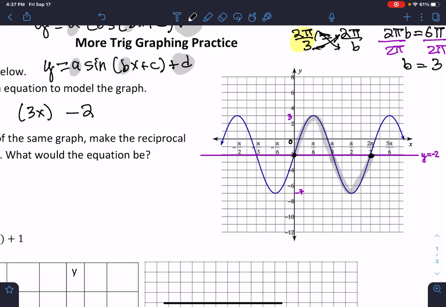So what I'm going to do now is pay attention to the points that I have. I have this point, this point, this point, and this point. When I'm looking at my y values, it's not that you have to write them out, but I will, just for this case.